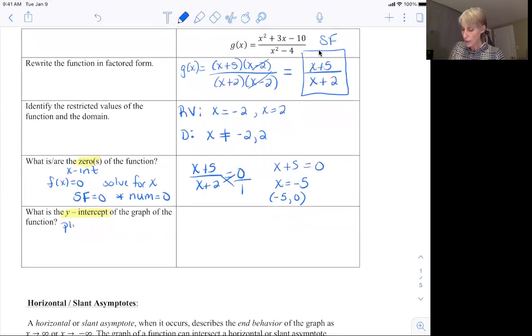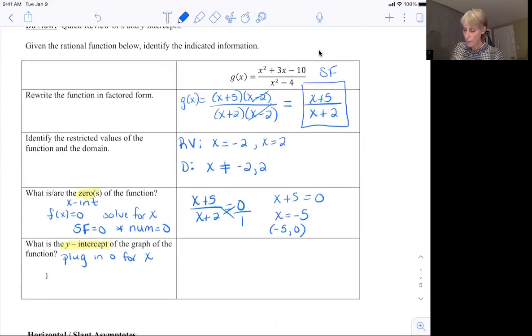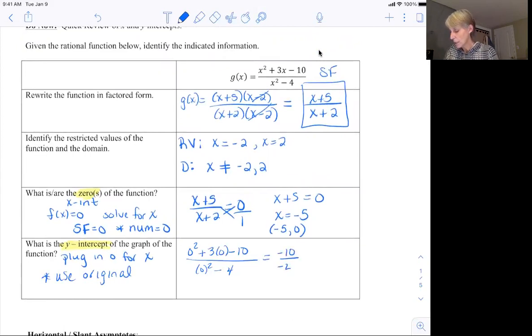What is the y-intercept of the graph of the function? With the y-intercept, we plug in 0 for x. And when we're finding the y-intercept, it's easiest to use our original, so go back up into the original. If you plug 0 in for x, you'll see almost right away that anything that has an x in it is going to cancel out, and you're just going to be left with the constant in the numerator and denominator.